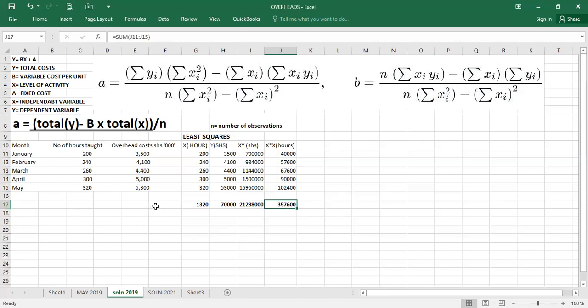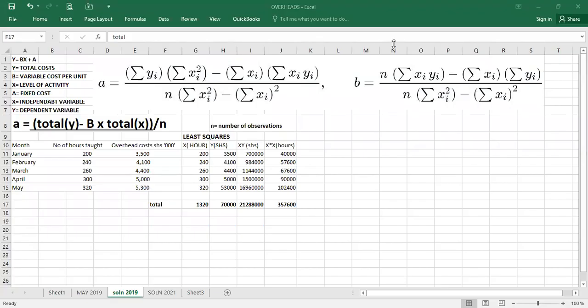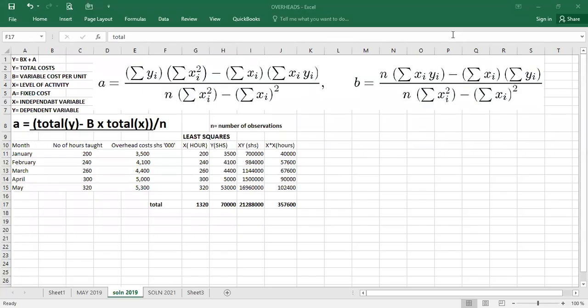And that's all we need. Having got those totals, we can now proceed with our substitutions.